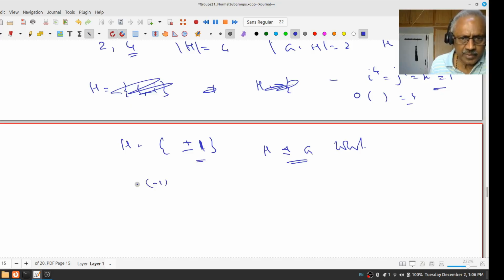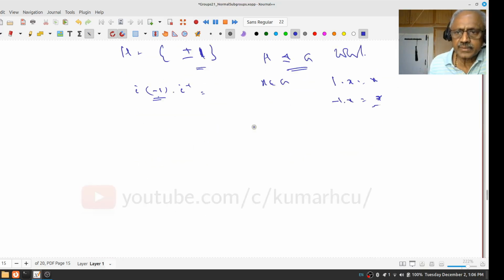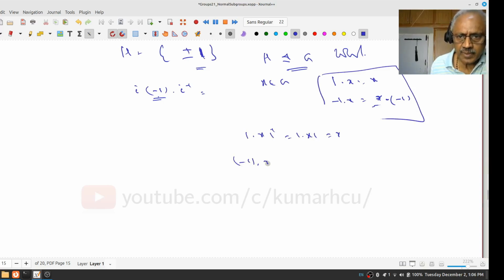If I take minus 1 times X times minus 1 inverse, since minus 1 is in the center, remember 1 times any group element X in G is X, and similarly minus 1 times X is also equal to X. Minus 1 inverse is minus 1.